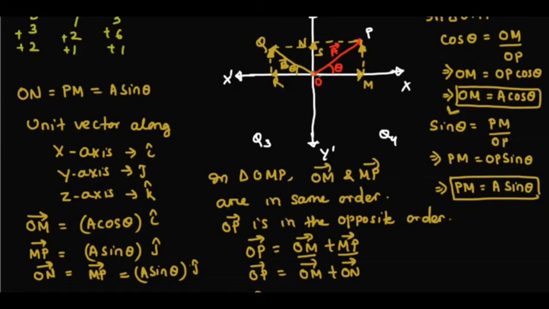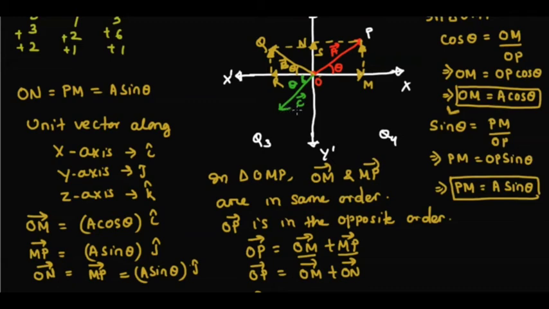Similarly, you can do the splitting in the third quadrant and in the fourth quadrant. Suppose you have a vector like this in the third quadrant. Suppose this angle is theta. Again, the angle made by the vector C with the negative x-axis is theta.